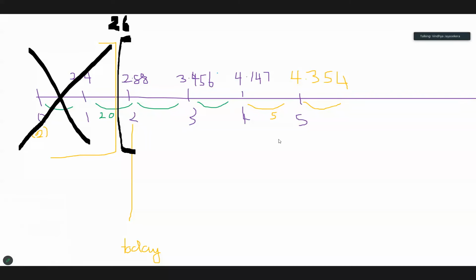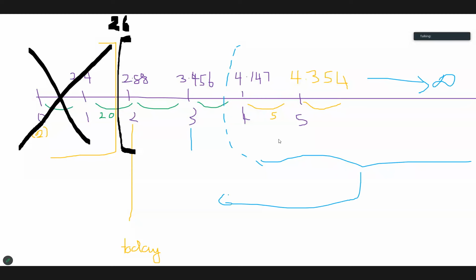Because we know that in year 3, the present value of all of these future cash flows was equal to 41.47.